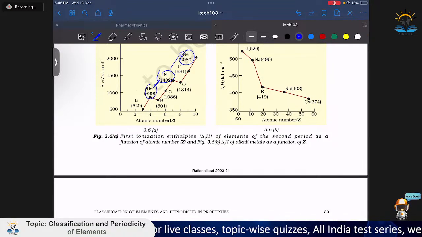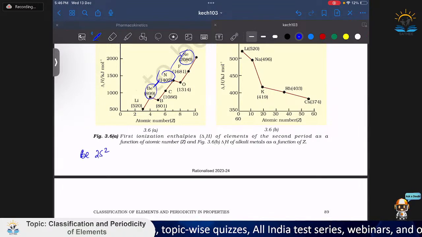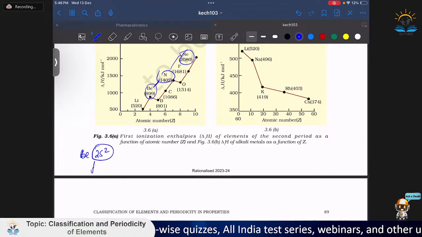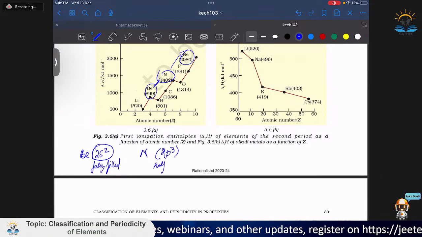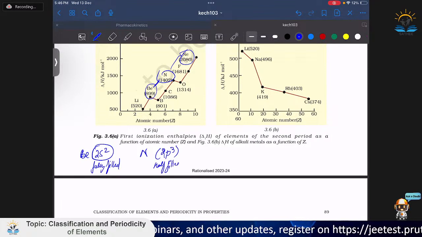Because beryllium is 2s2, fully filled. Nitrogen is 2p3, half filled. Both of them are symmetrical.